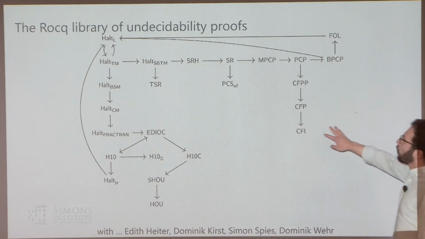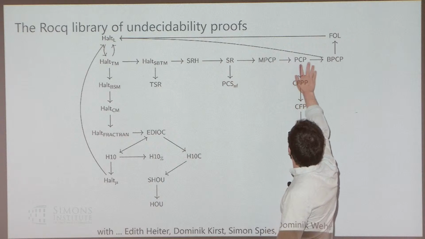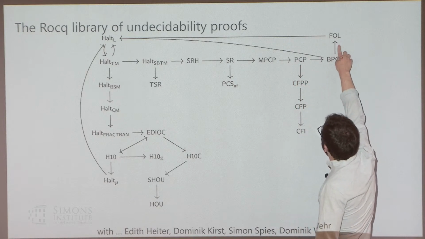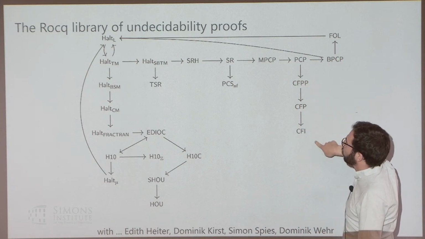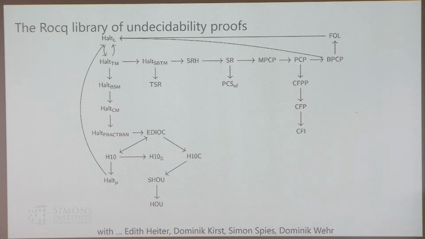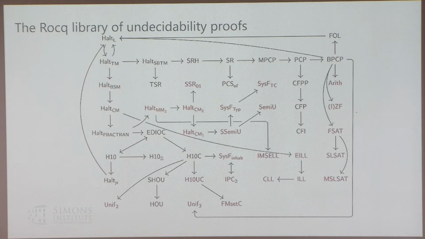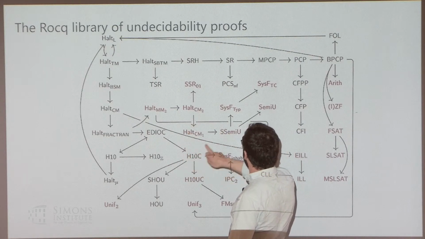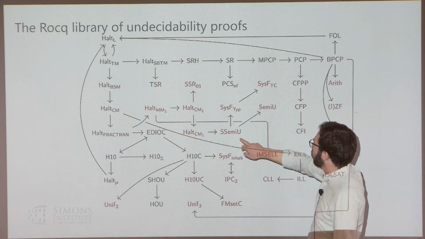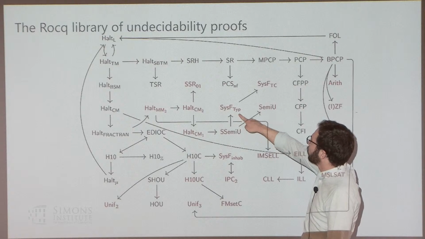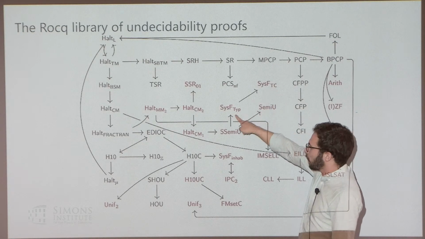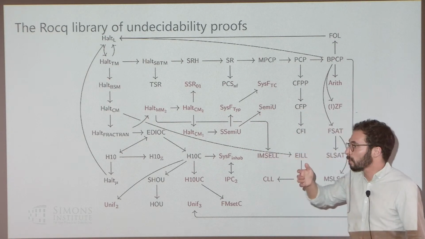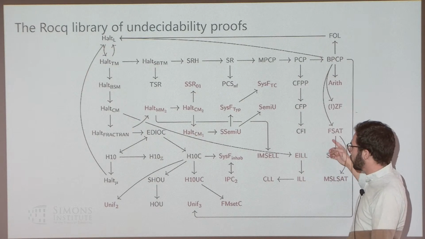We have lots of other things. This is a line that goes to string rewriting, the Post correspondence problem, first-order logic, stuff around context-free grammars. And this is stuff that I was not involved in, so I gave it a different color. The halting problem for two counter machines, going to semi-unification, also going to undecidability of System F type checking and typeability, which was a super hard open problem solved by Joe Wells.